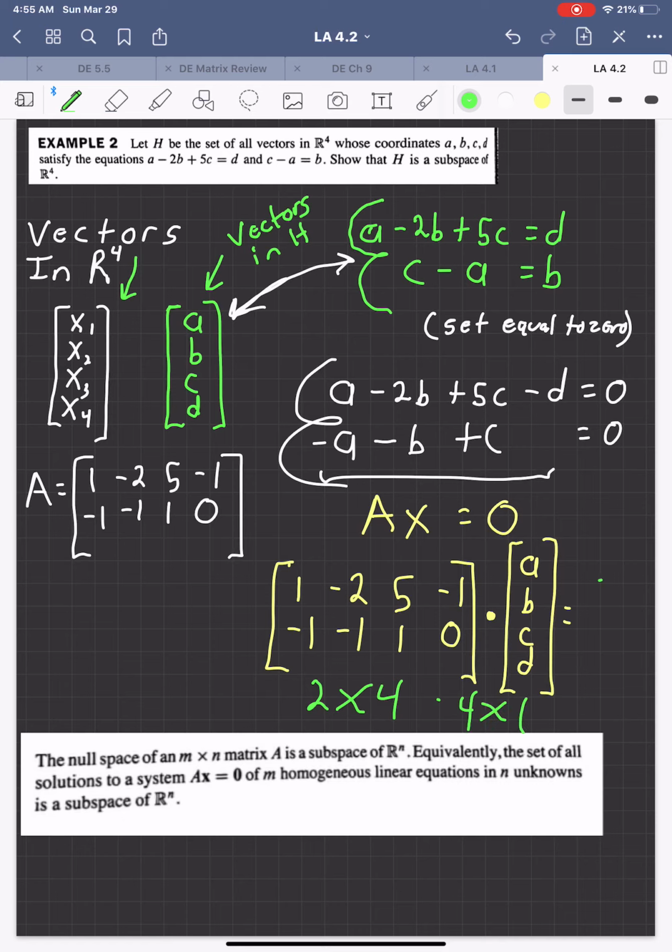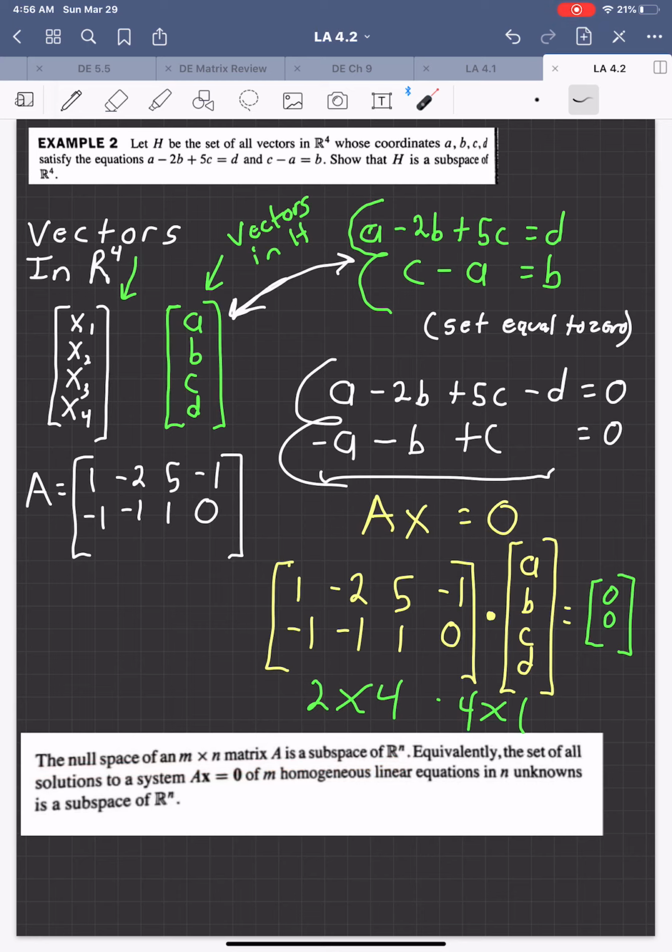Now, to answer the question, I'm going to have to go back to this theorem here. Ready? So the null space of an m by n matrix is a subspace of Rn. That sentence is where we want to begin.